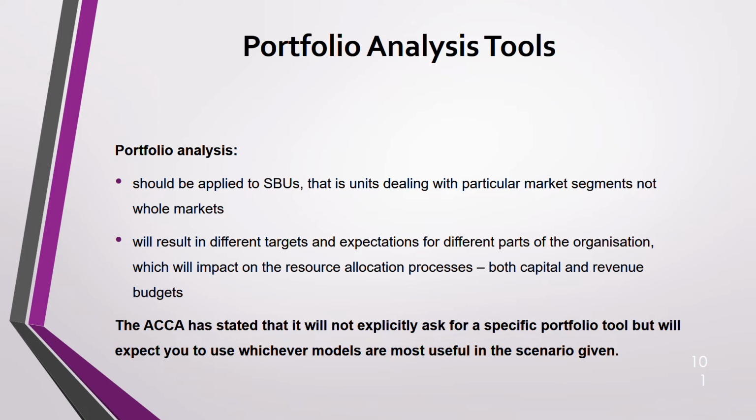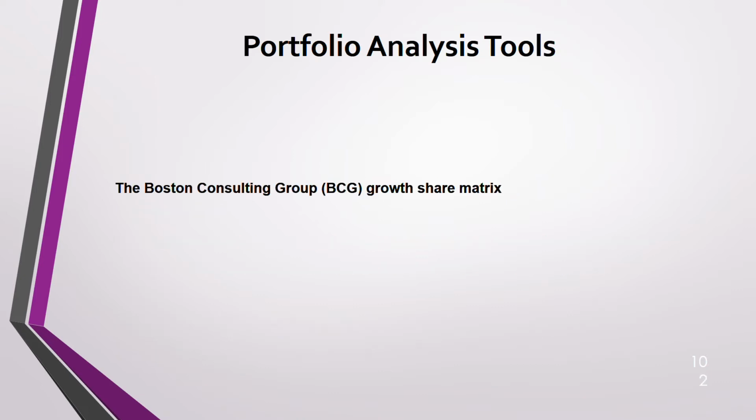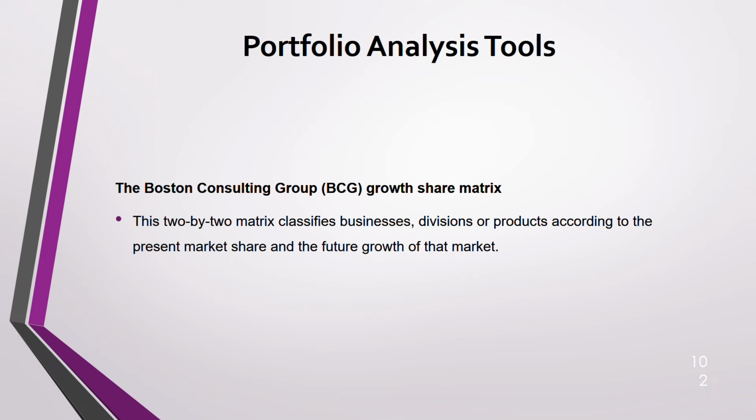Now, the Boston Consulting Group model is known as the BCG matrix. In the BCG matrix, this is how the portfolio is divided. It is a 2 by 2 matrix. The two dimensions are market share and market growth.